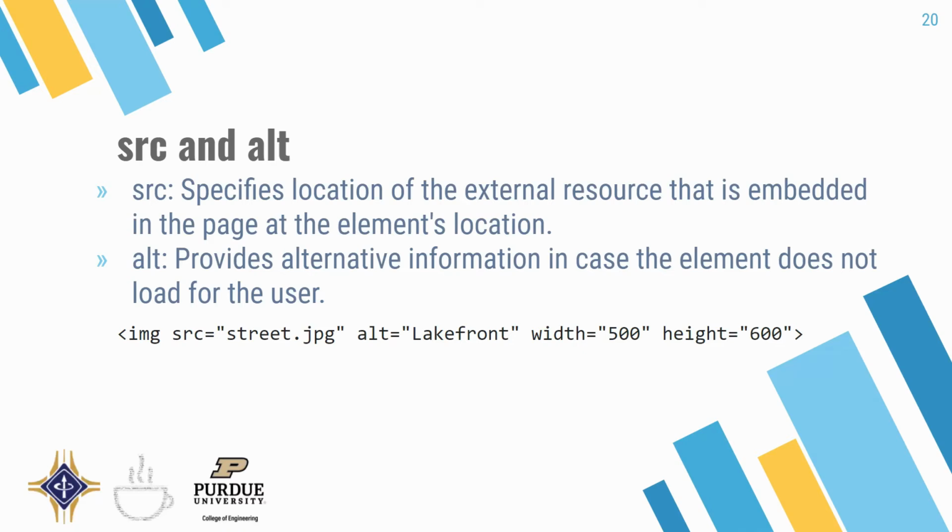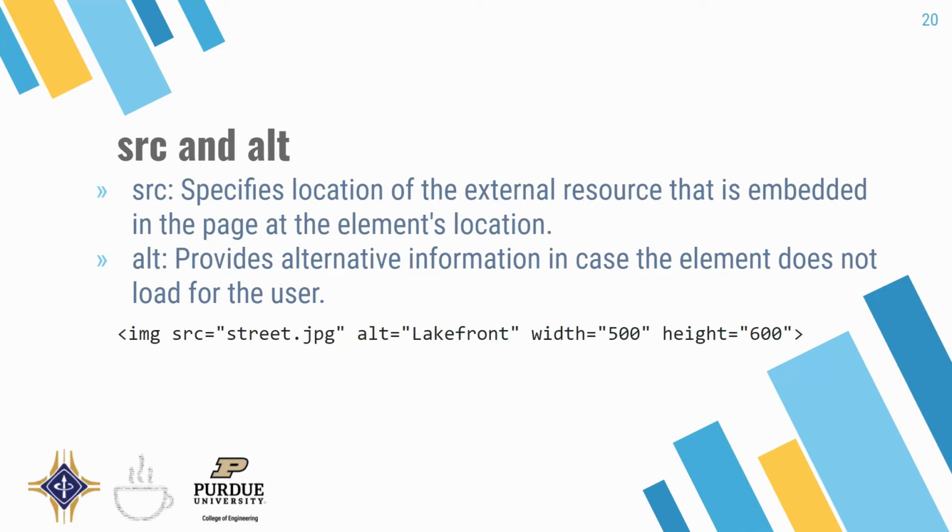Alt is a way to describe the image in text. So in case the image cannot load, it'll display the alt text instead. It is important to always use alt text on your images for 2 reasons. 1, if your user on the website is visually impaired, a screen reader can use the alt text to read out what the image is to the visually impaired user of your site, making sure that everyone can use your site properly.